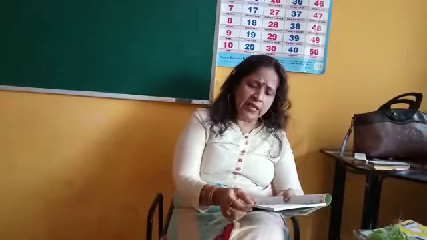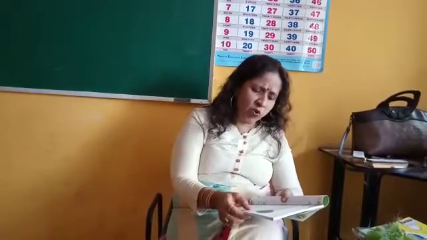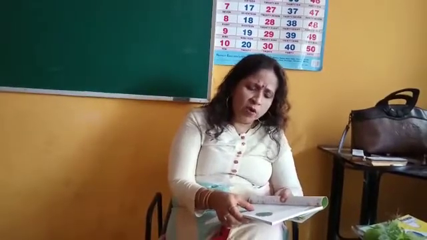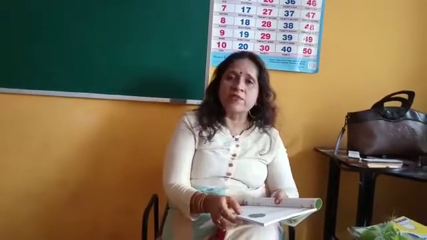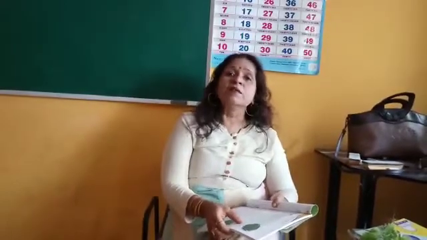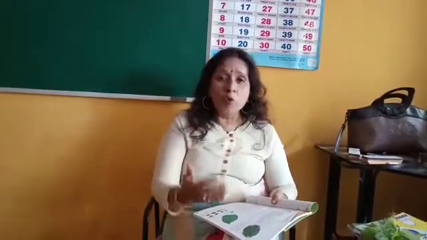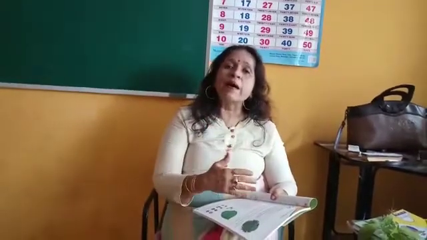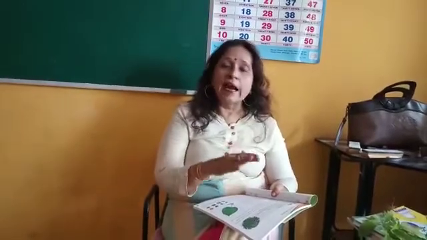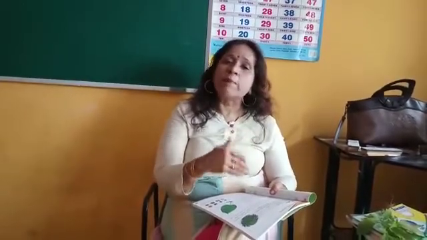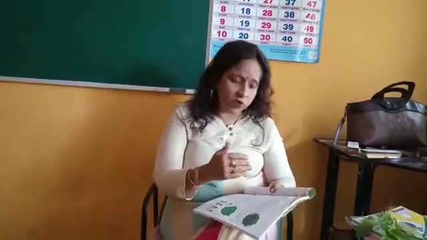They are the only living things that not only produce their own food but provide food for other living things as well. What is its meaning? Plants give us food. They prepare their own food for themselves also, and at the same time they supply food for us also.